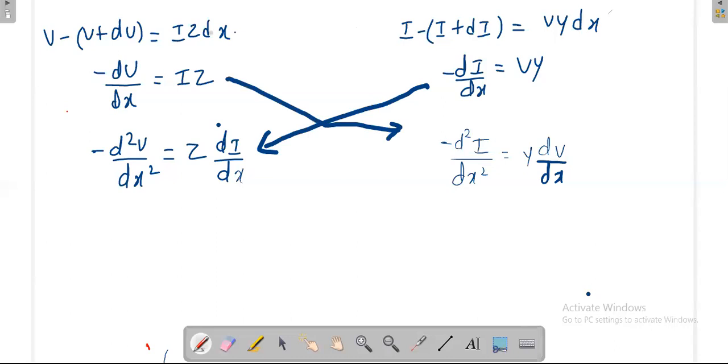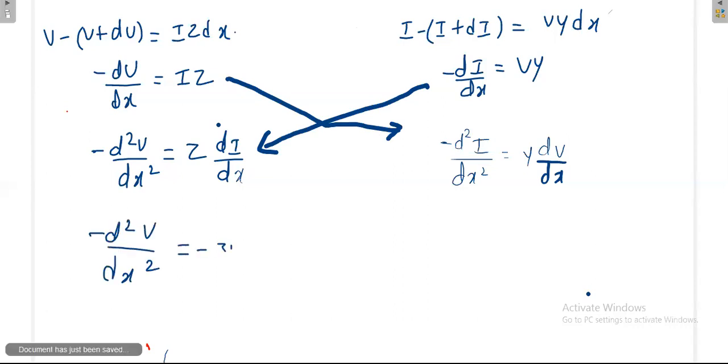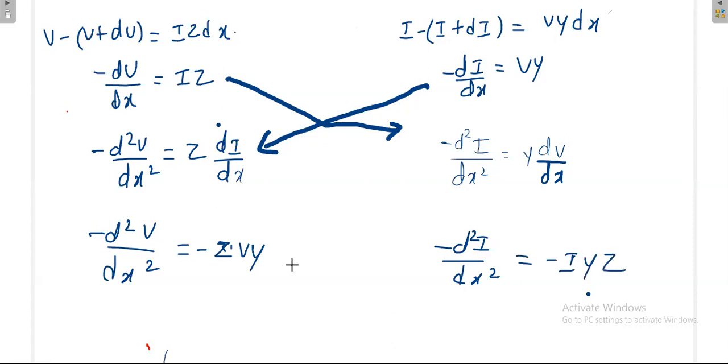After this substitution, d square V by dx square is equal to dI by dx, which is V Y, that means minus Z V Y. Similarly, here minus d square I by dx square is equal to minus I Y Z. With this you can make one differential equation.